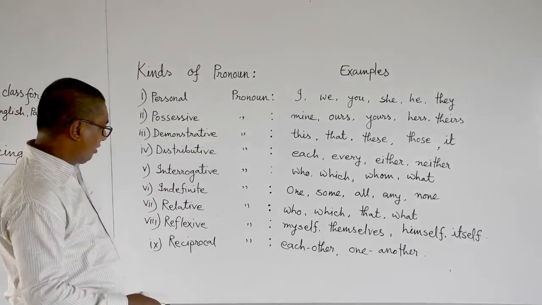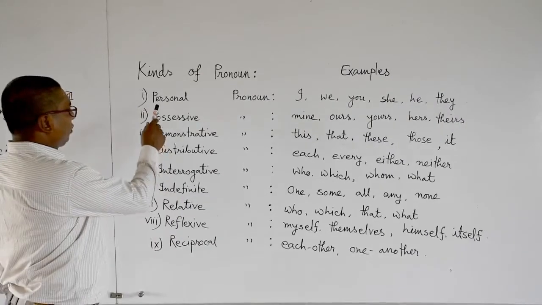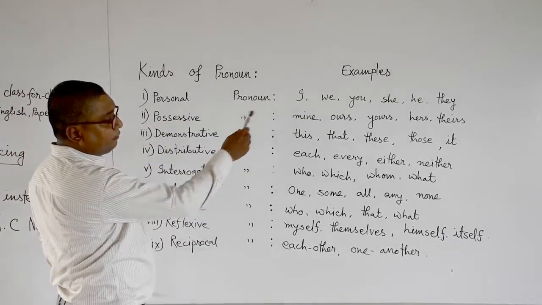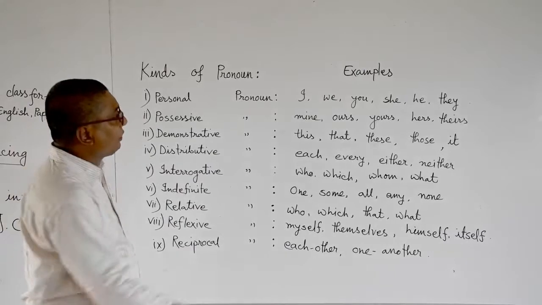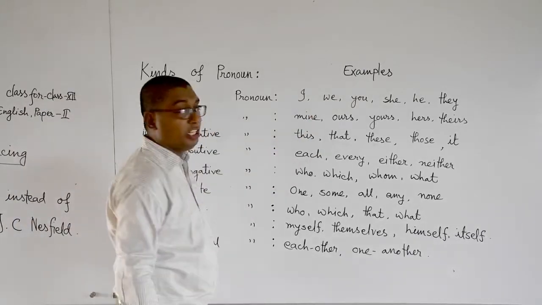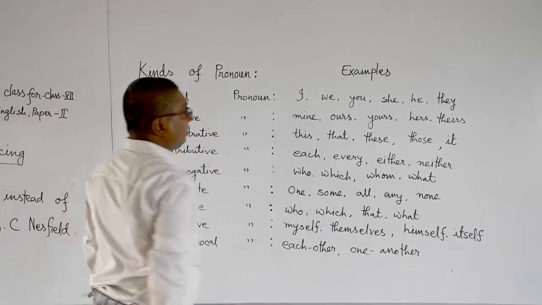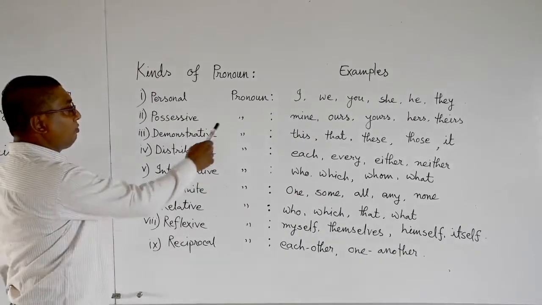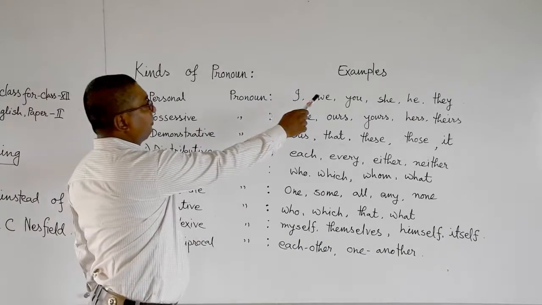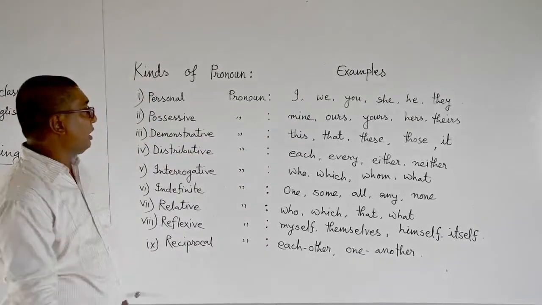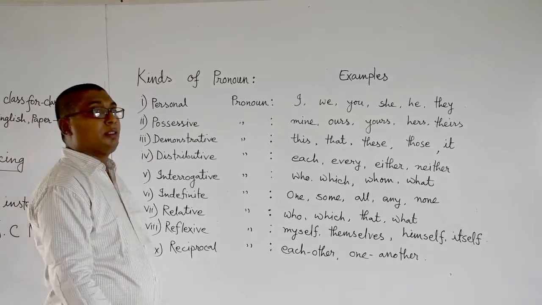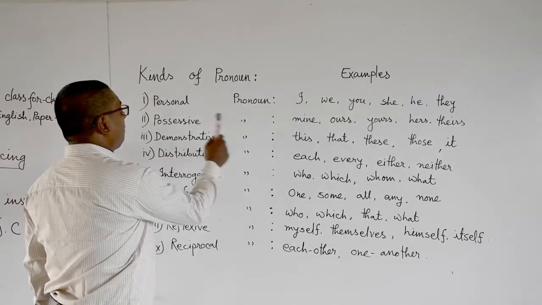Here mainly we can see the first one, personal pronoun, and the example is very clear. Personal, that indicates person: I, we, you, she, he, they. And next, possessive pronoun, that also comes from personal pronoun.